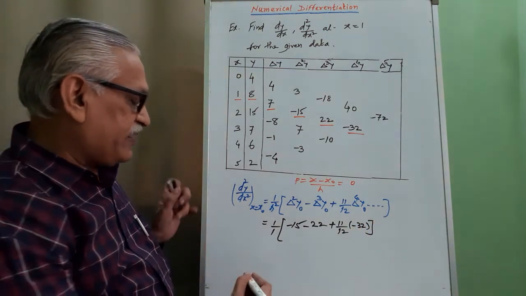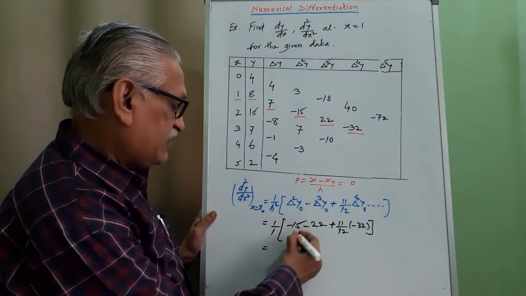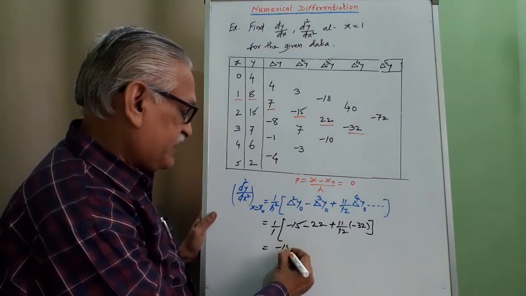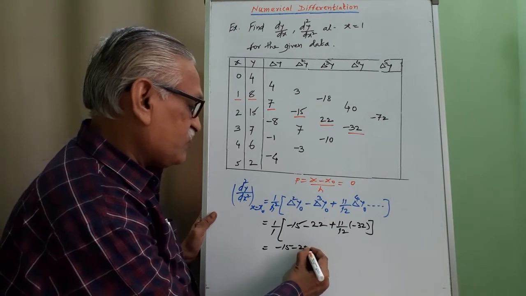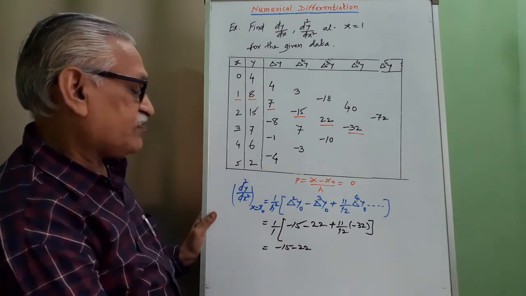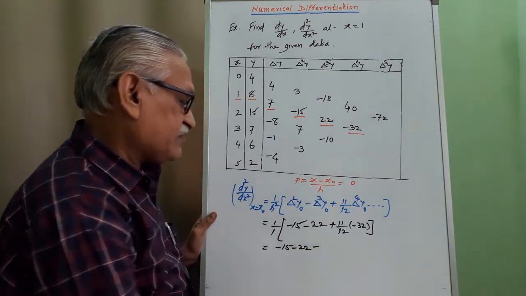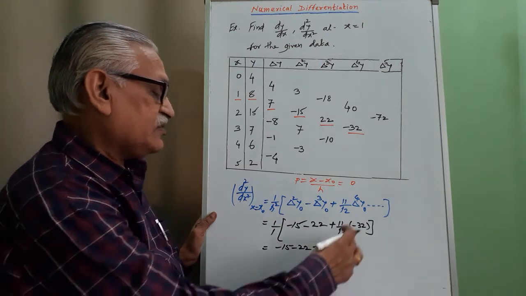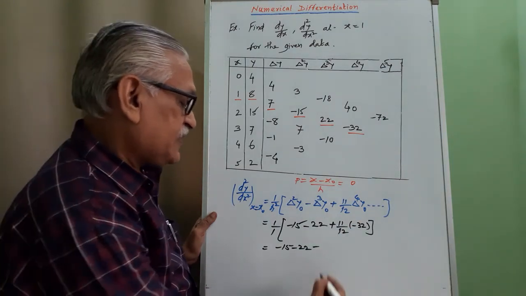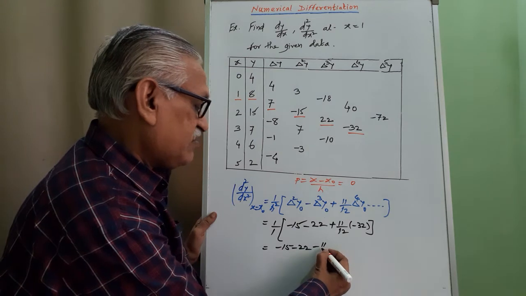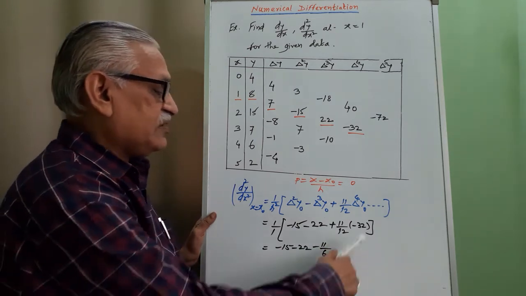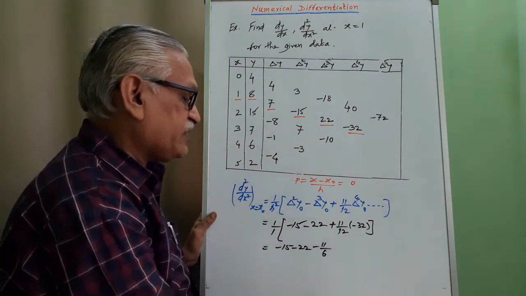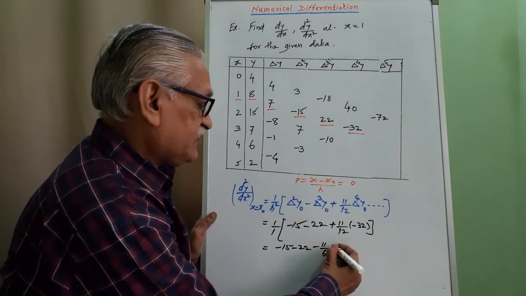And then simplifying it, this one is minus 15, minus 22, minus 11 by 6 into 16.